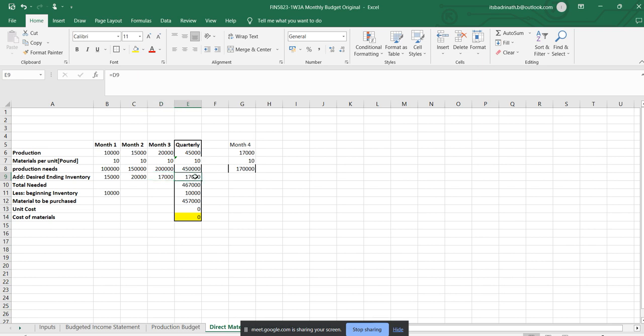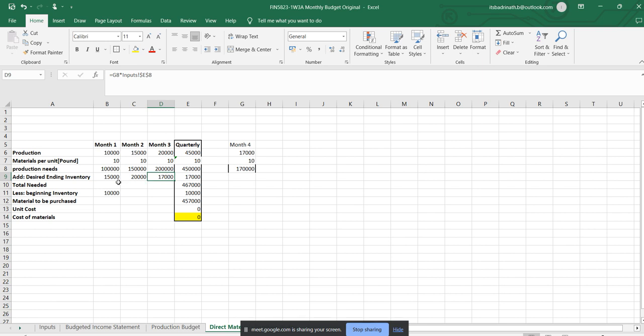This is month four again. Okay, so 10% of this one is month one's ending inventory. 10% of month three will be month two's ending inventory. 10% of month four will be month three's ending inventory.